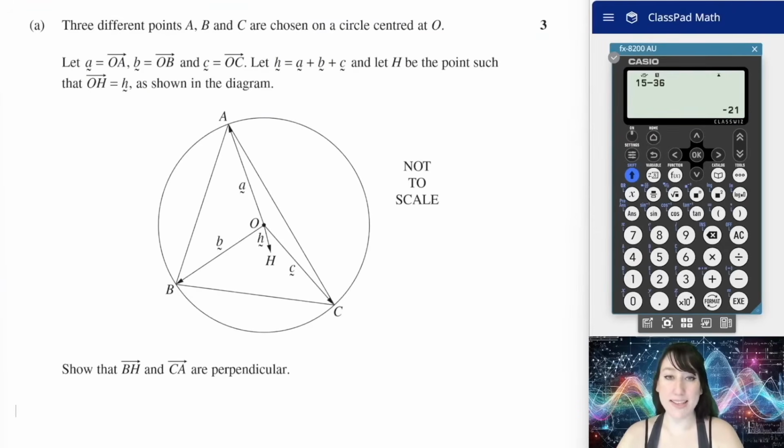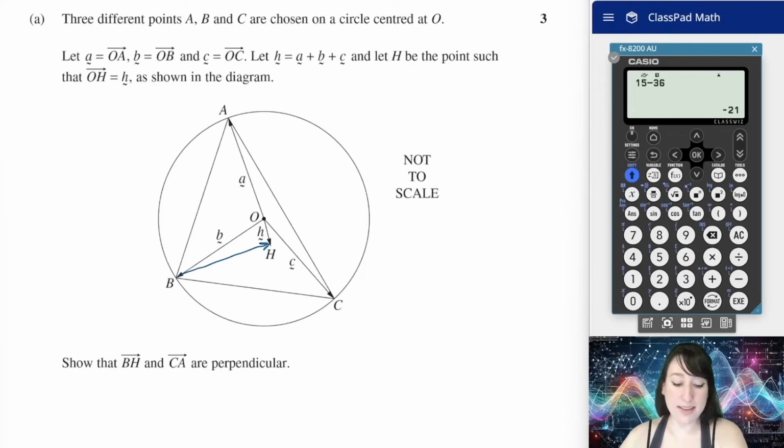Okay, we're being asked to show something about BH and CA. So let's write down what we know about BH and CA. We're working in terms of vectors A, B, C, and H. So can we define BH in terms of those vectors? BH would be this vector here.